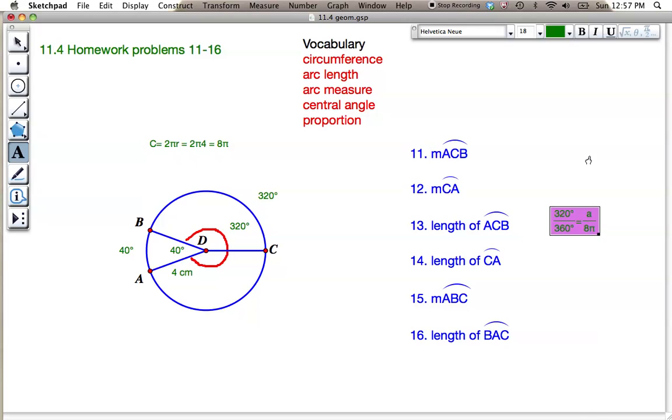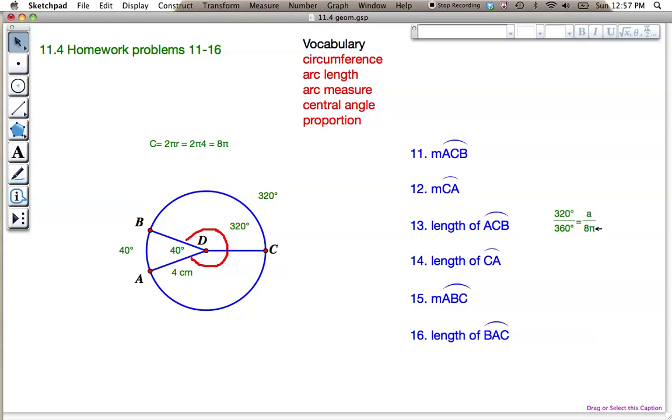Now I could compute out 8 pi. It would be a nasty number though with a lot of decimals. So I'm just going to leave it as 8 pi, and it looks nice and neat here. And this equation makes sense because we have the proportion of arc measure over the total measure of degrees for the circle is equal to the proportion of arc length over the total length of the circle, or circumference.